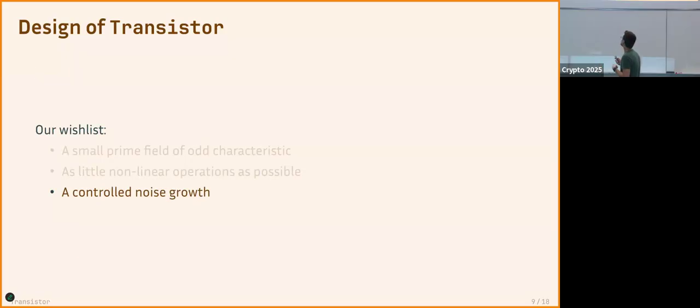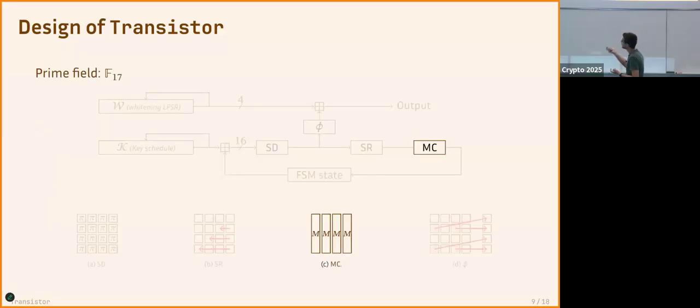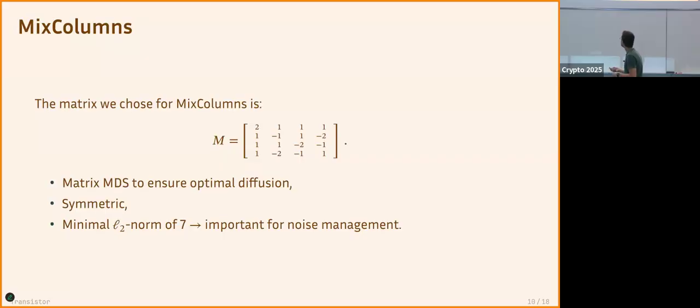And finally, we want a mechanism of controlled noise growth. I already talked about the S-box, but there are two other places where the noise can blow up. The first one is here in the mix columns. Basically, we are multiplying the state with a clear matrix, and multiplying by a constant makes the noise increase. But we managed to find this matrix here that has two main properties.